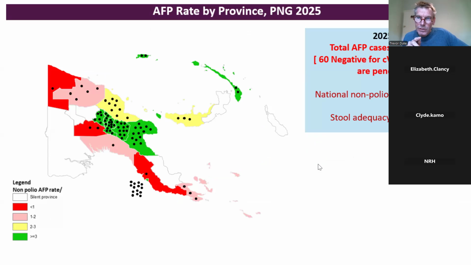This is not cases of polio or surveillance cases of polio from surveillance sites. These are cases of AFP reported, and the main message here is that there are 6 provinces. They're the ones in white that are so-called silent provinces.